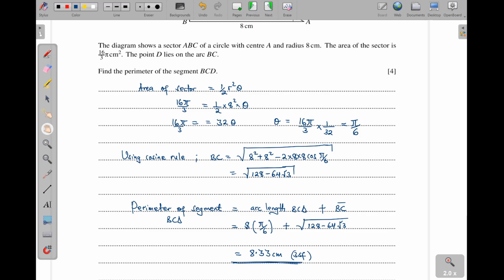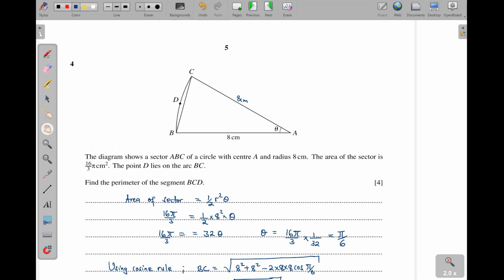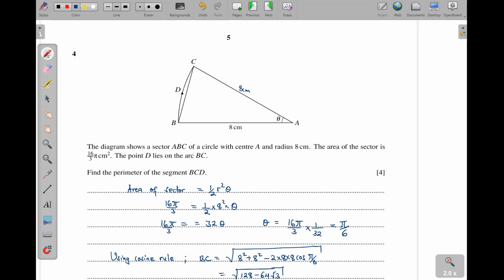By the way, alternatively, you would find BC like this. Since this is an isosceles triangle, we can see that this part here is the same as this. I would divide this one into 2. So that simply implies that, of course, this one will be 90. This is a half of BC, and this one is also a half of BC.